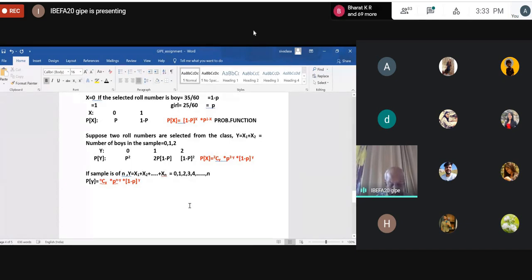This type of probability function is called binomial probability distribution. Binomial probability distribution is denoted by B, bracketed small n comma p, is the notation.